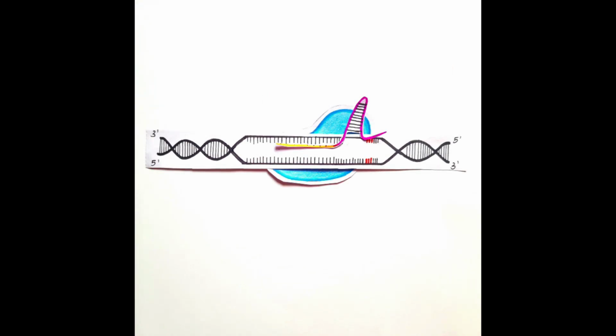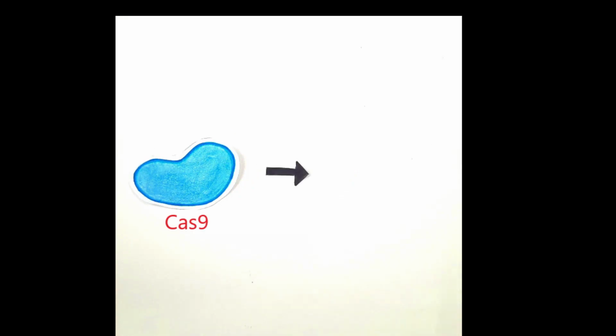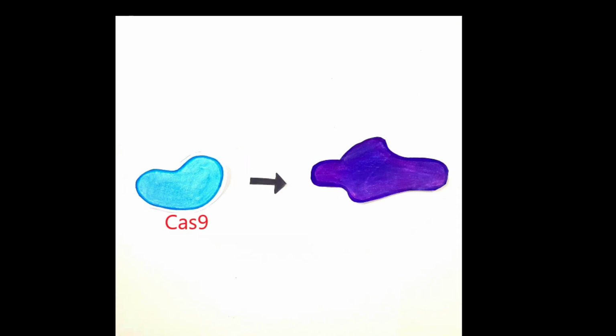Once the DNA is cut, researchers use the cell's own DNA repair machinery to make changes to the DNA by replacing an existing segment with a customized DNA sequence. Although Cas9 is the enzyme that is used most often, other enzymes, for example Cpf1, can also be used.